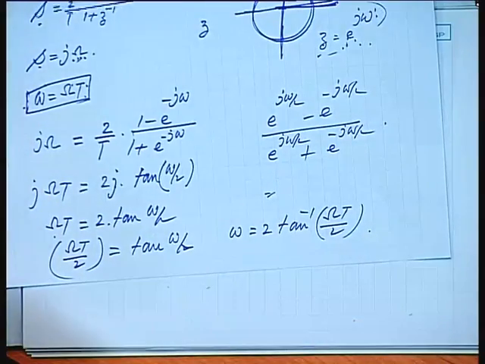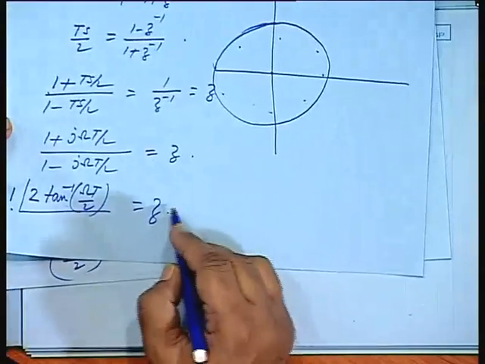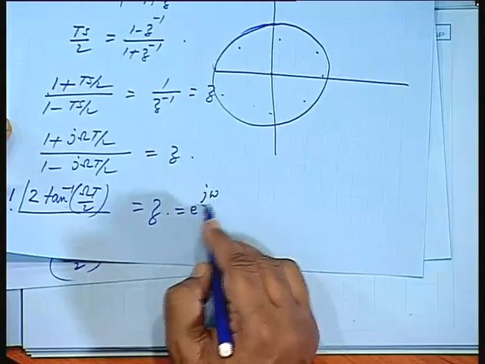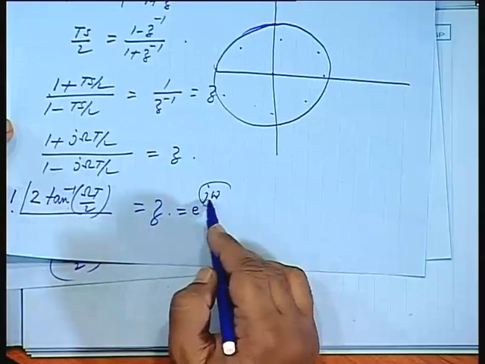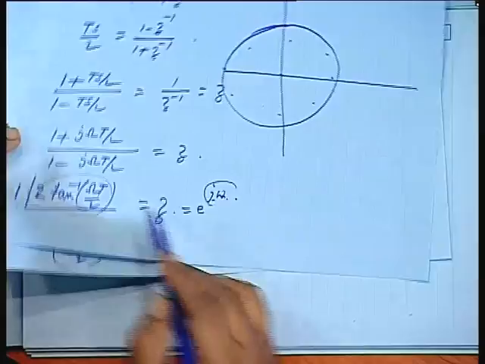This is what we got earlier also, the same angle. This was nothing but e to the power j omega. So, this small omega, j times omega, was the angle here. So, the small omega is basically this.